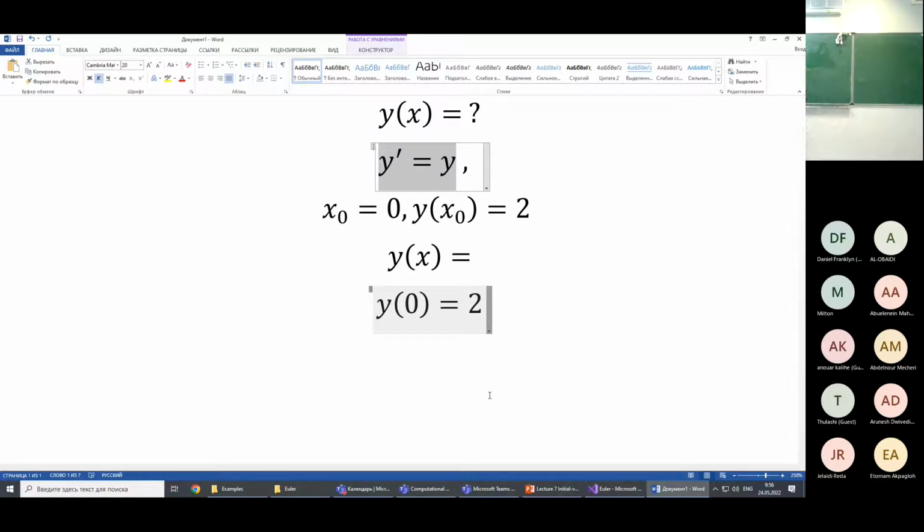But the unknown function y of x depends on x. In the right-hand side, it must be some formula that depends on x, like in our previous cases.